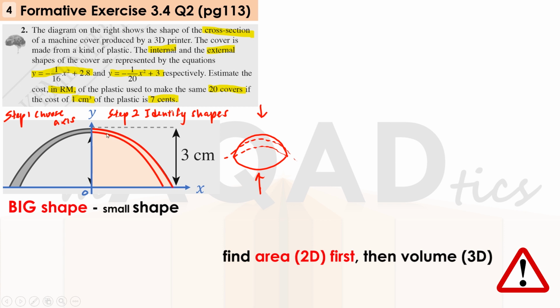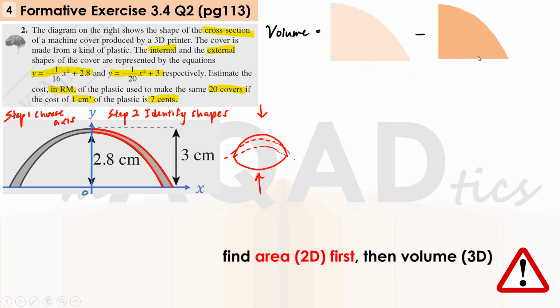This is my big shape. Then my small shape would be the parts that I don't want, which is this empty space. So here we can use the internal line's area under the curve, which is this one. And then to find the area of the shaded region, we just minus these two areas.